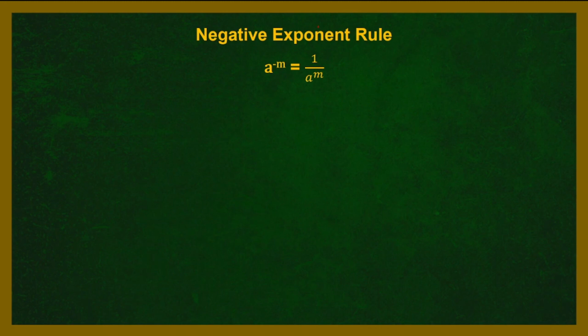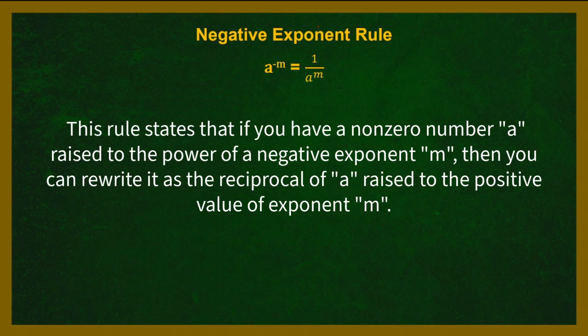Moving on to the negative exponent rule. This rule states that if you have a non-zero number, a, raised to the power of a negative exponent, m, then you can rewrite it as the reciprocal of a raised to the positive value of exponent m.